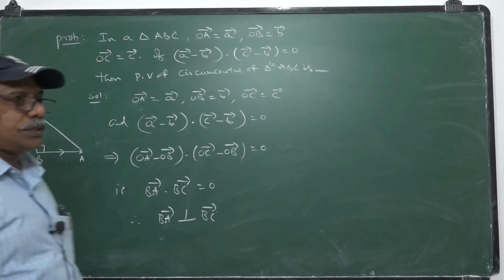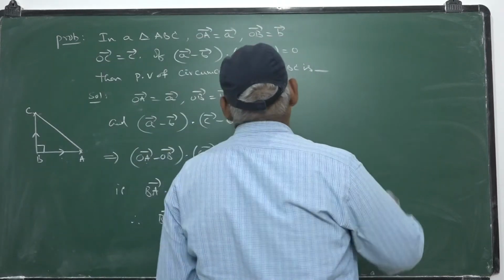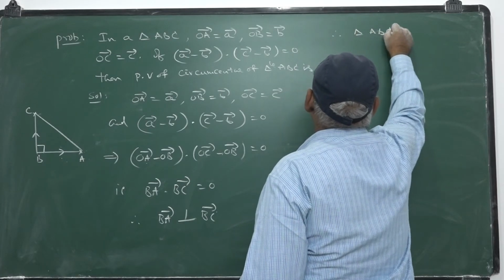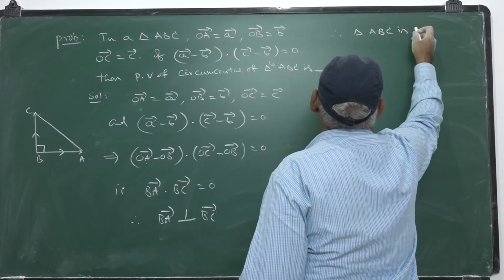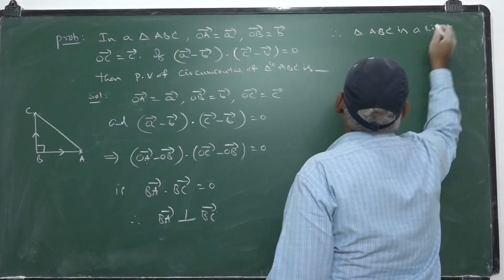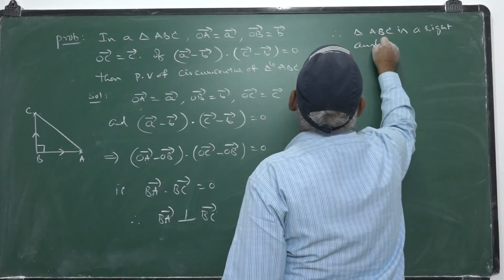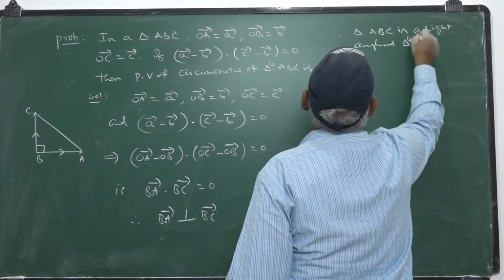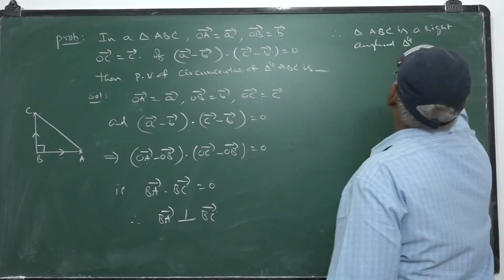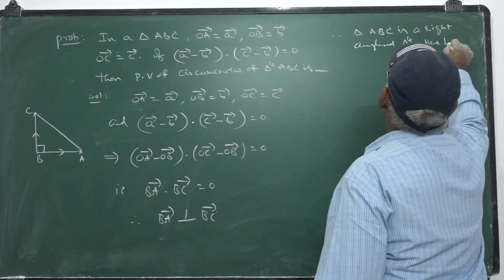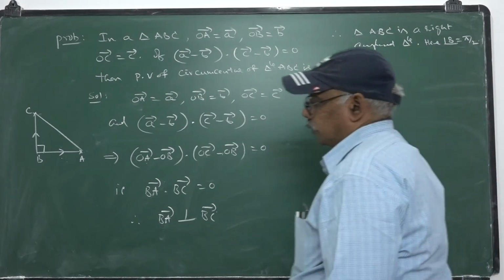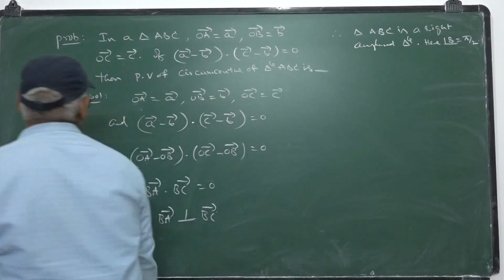Hence triangle ABC is a right angled triangle. The right angle is at B, and clearly angle B is 90. So the right angle is at the vertex B.